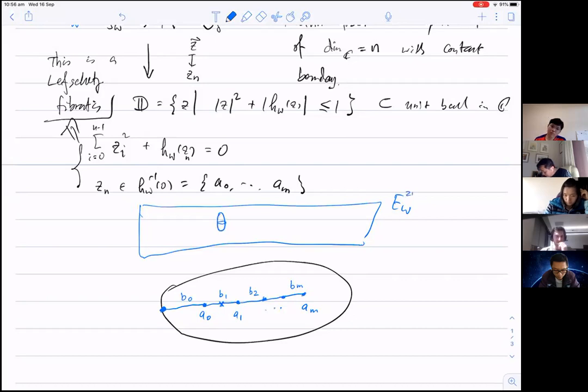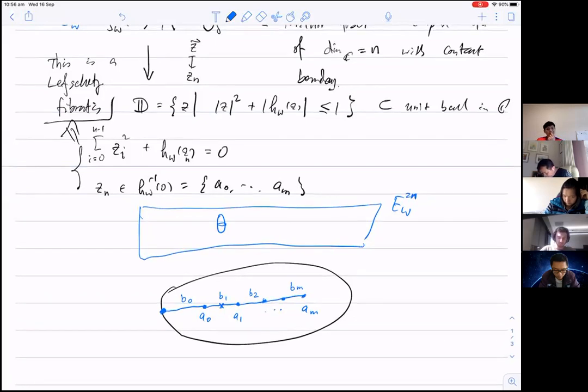So this is 2m dimensional, and this vanishing sphere is in the generic fiber. And then you have a family of these vanishing spheres. If you look at the critical points, the vanishing sphere collapses to 0.